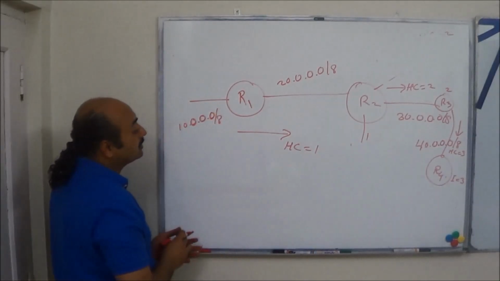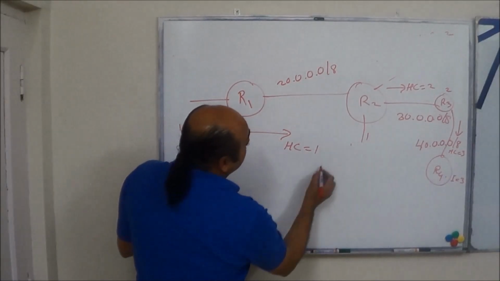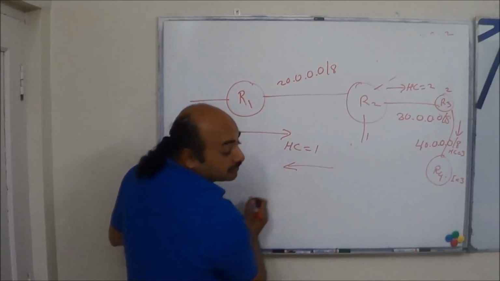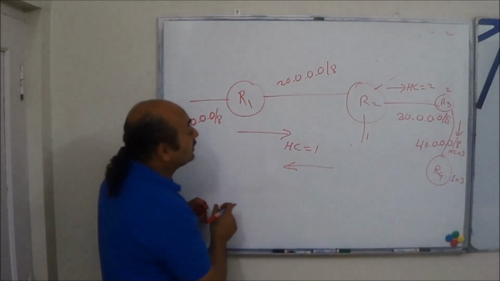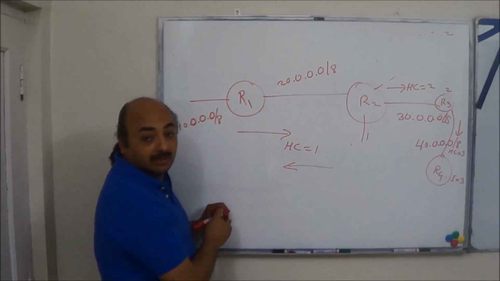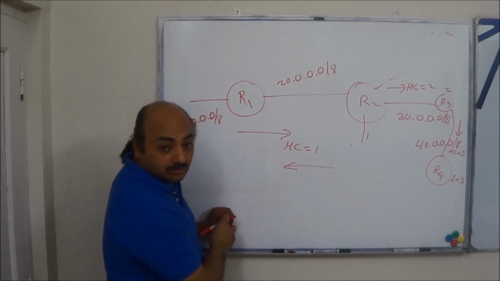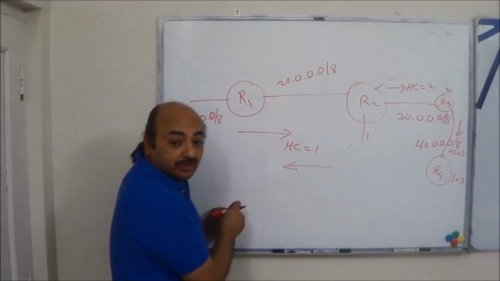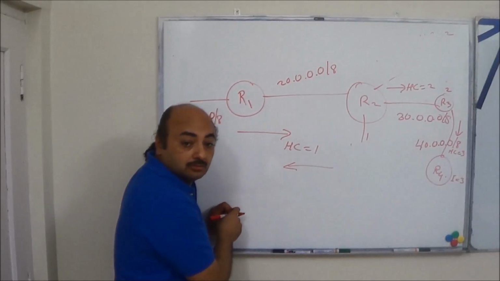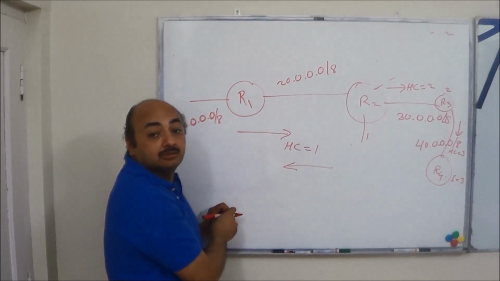So what is the case in this situation? We said R2 will not advertise back to R1 about the 10 network. That was known as split horizon. But now we are saying that it will advertise, but with a hop count of 16.